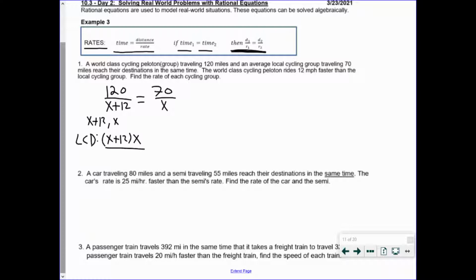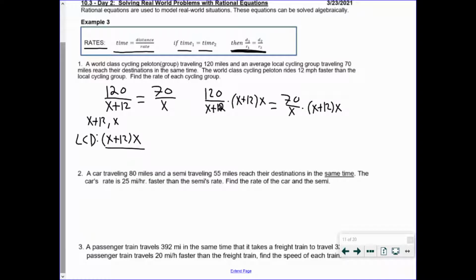Now we multiply each fraction by the LCD. This is very similar to what we did in the last video, or the last module if you didn't watch it. So we have 120 over x plus 12 times x plus 12 times x, equal to 70 over x times x plus 12 times x.